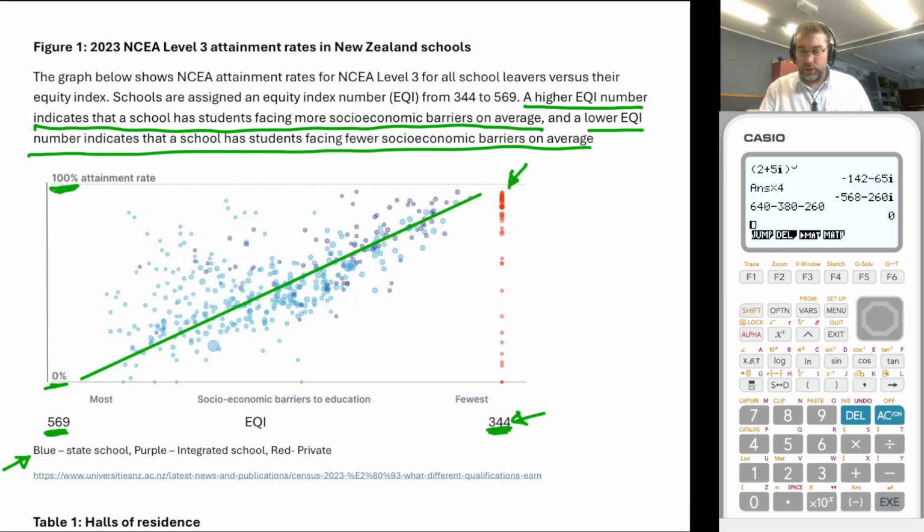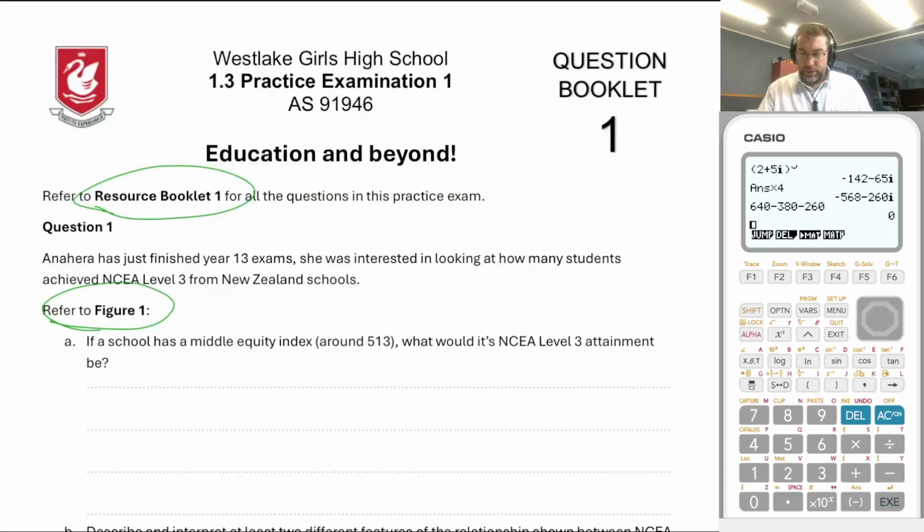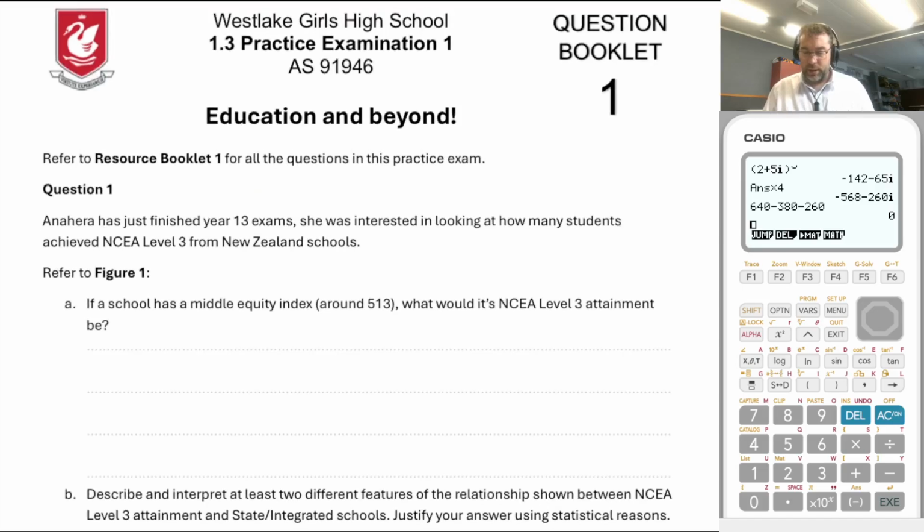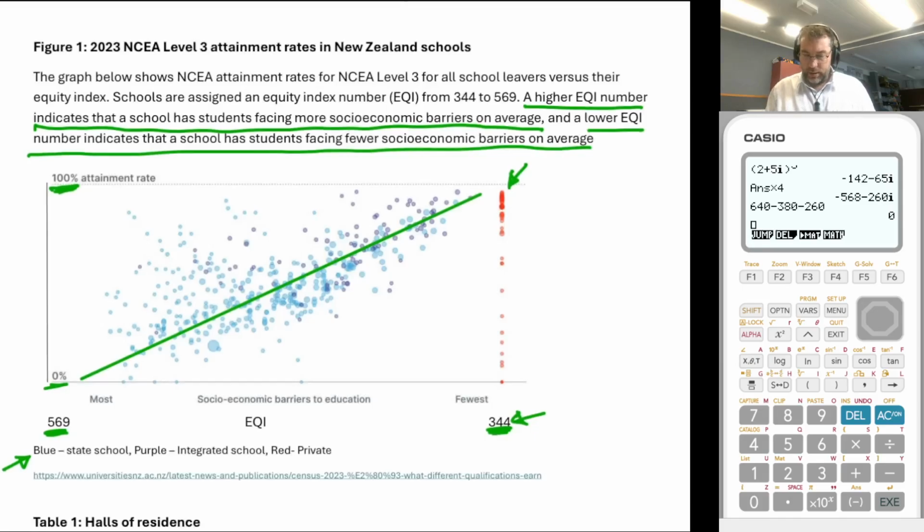The question is asking: if a school has a middle equity index around 513, what would its NCEA level 3 attainment be? So where is 513 on the scale along the bottom? You could guess somewhere in the middle, but what I'm going to do is go 569 minus 513 in my calculator.